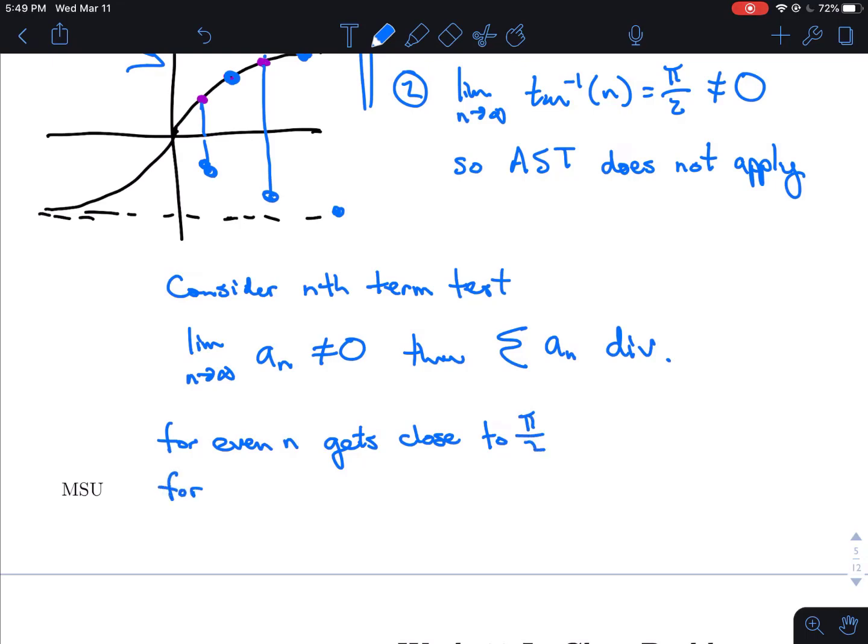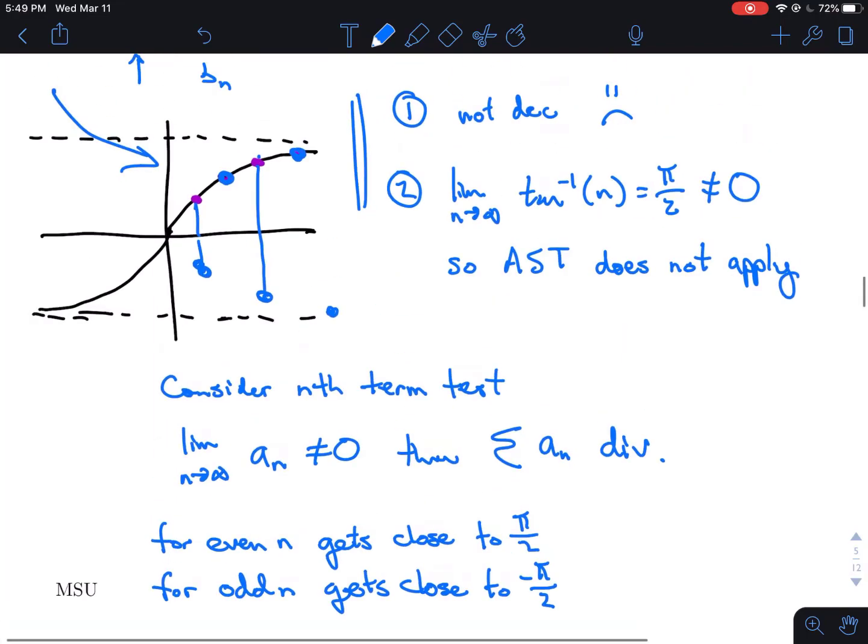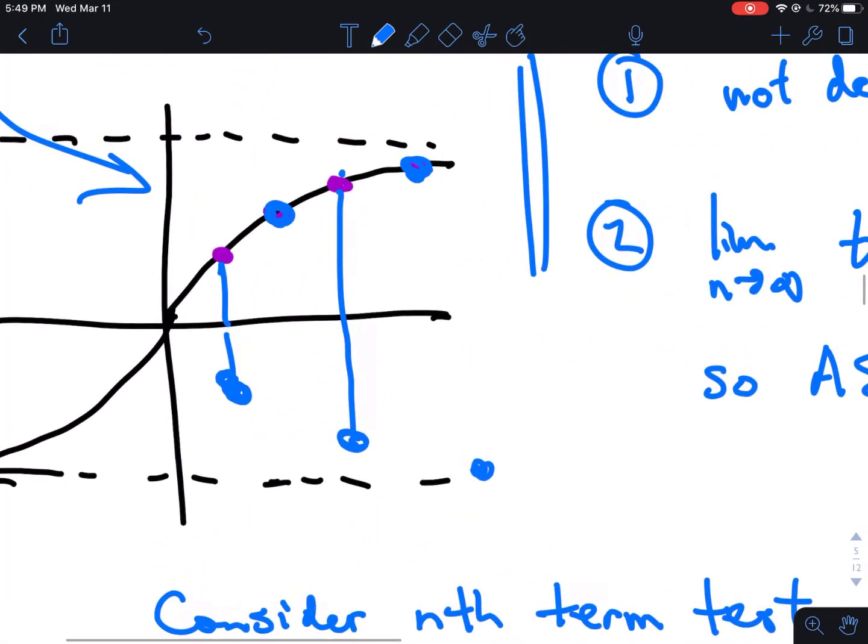And for odd n, the sequence gets close to negative pi over 2. If you were to just follow all of these odd ones down here, they get close to negative pi over 2, the other asymptote for tangent inverse. And if you just follow the even ones, they're going to get close to positive pi over 2.